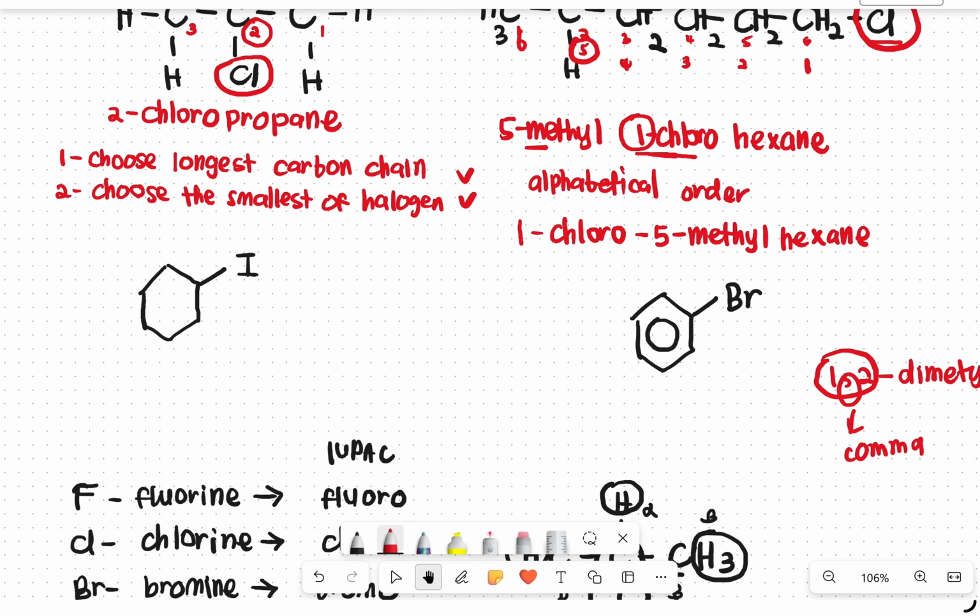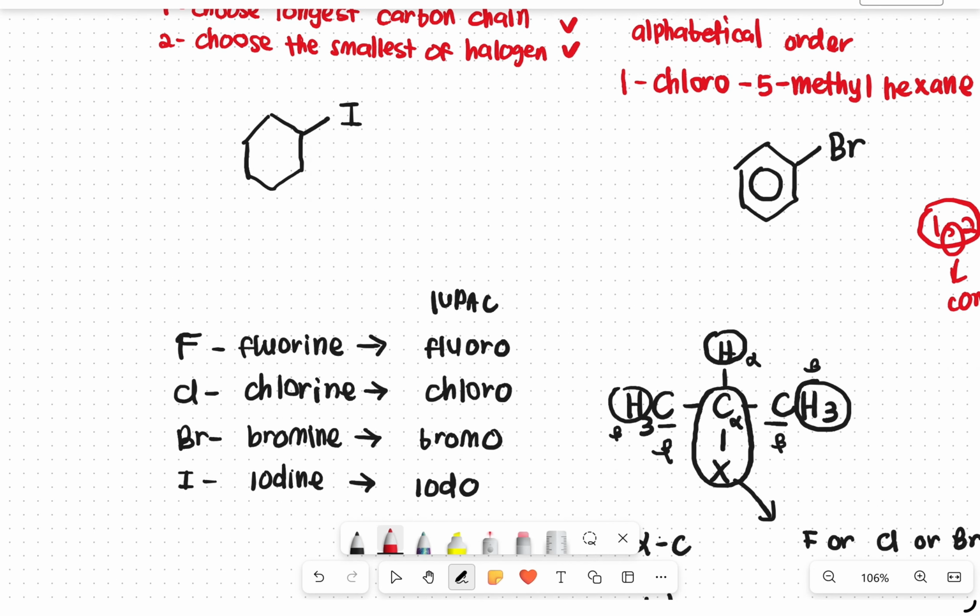Now we look at the third example. This is a cyclic structure, cyclohexane. Now the position of this substituent on cyclohexane: if there is no other substituent, then you just put iodo, iodocyclohexane.